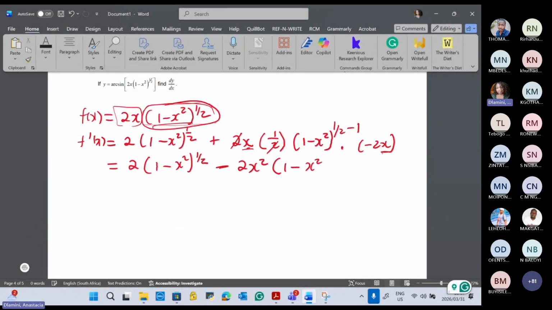From here, guys, what can I do? Should I leave it like this? No. So you're going to say 2 times the square root of the inside, 1 minus x squared. So I can say 2 times the square root of 1 minus x squared minus.